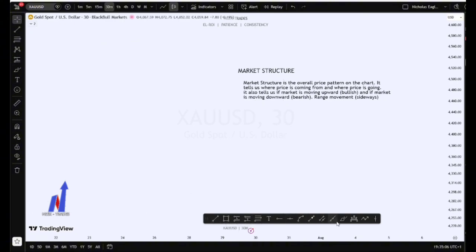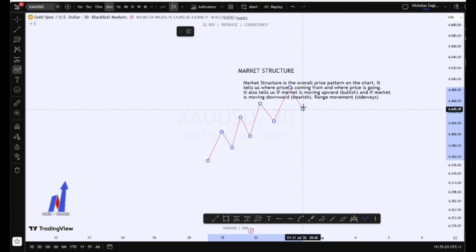And in the market structure, we have the high, the low, the higher high, the higher low, the higher high, the higher low, and it goes like that.